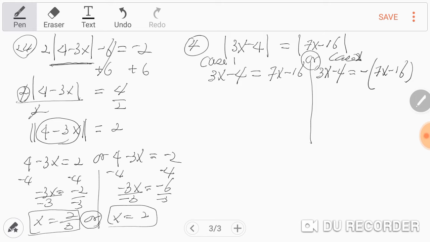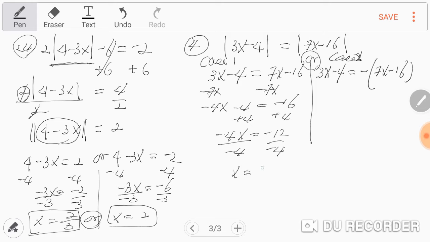Then solve for x. From the first equation, I will move 7x to the left, minus 7x, so negative 4x minus 4 equals negative 16. Plus 4 on each side, then negative 4x equals negative 12. Divide each side by negative 4, then x equals positive 3. Or, from the second equation, 3x minus 4 is equal to the opposite of the right side, so negative 7x plus 16.